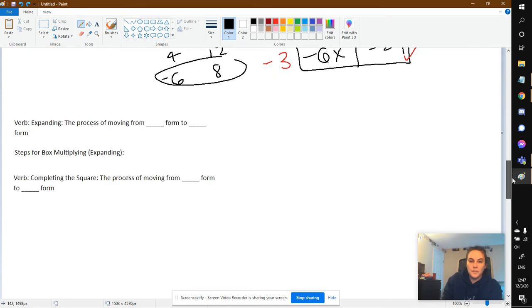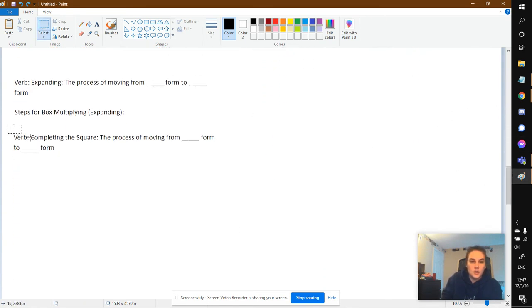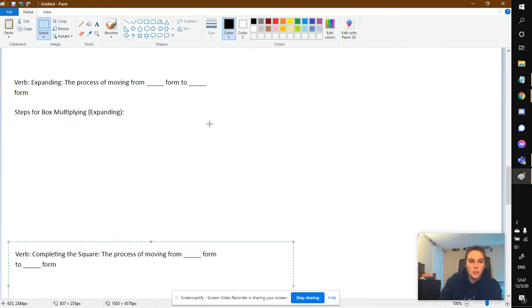Right, move on. Next is the process of moving from blank form to blank form is expanding. So expanding is, that's funny, it expanded. Let's make this bigger.